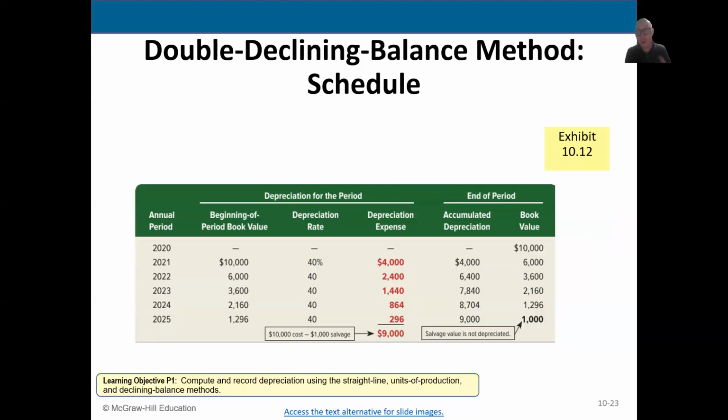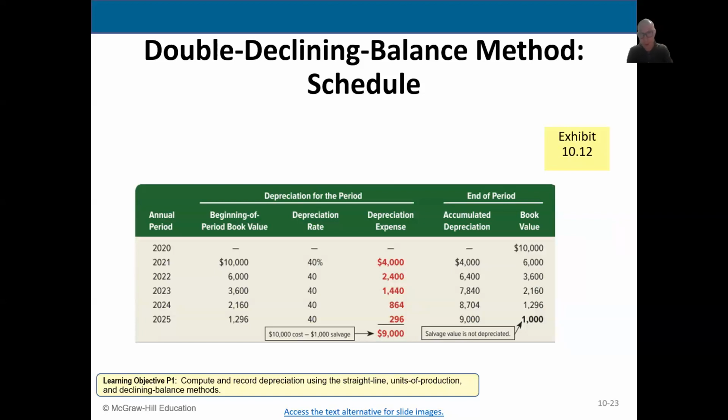In this case, 2,400. But we're not done. 6,000 minus the 2,400 equals year 3 beginning book value of 3,600. Times 40% is 1,440. 3,600 minus 1,440, beginning book value of year 4, 2,160.